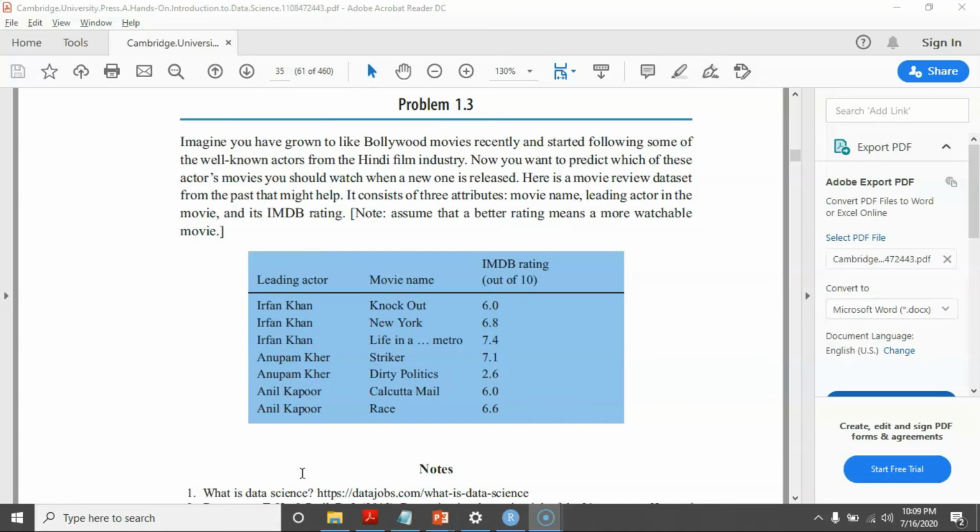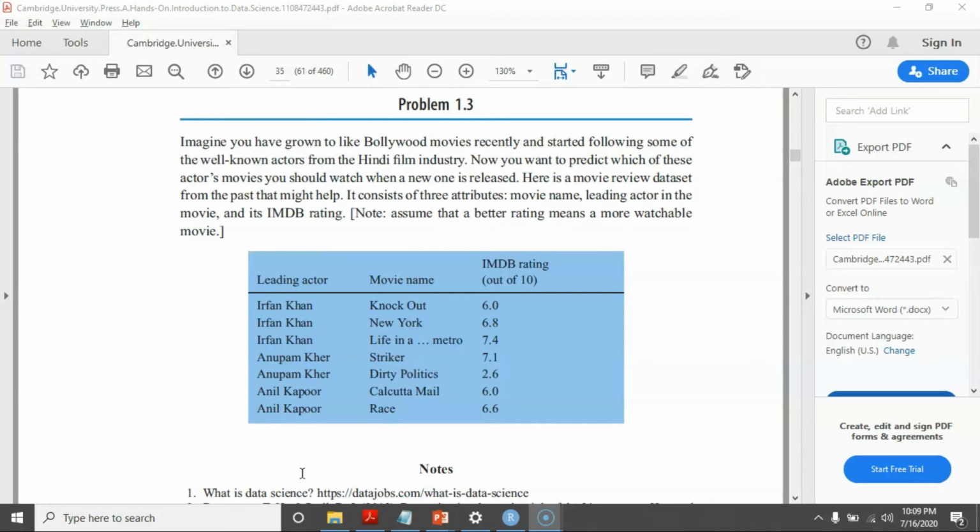You don't want to watch every movie by every actor, but you are very cautious. You will be like, okay, I want to see only top notch actor movies.